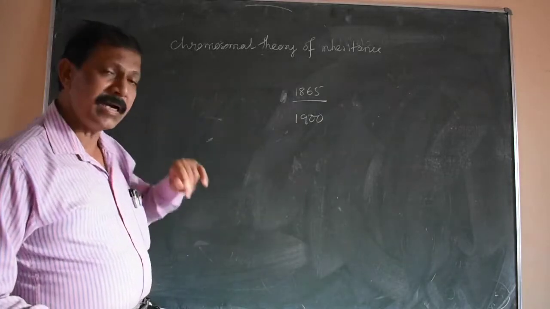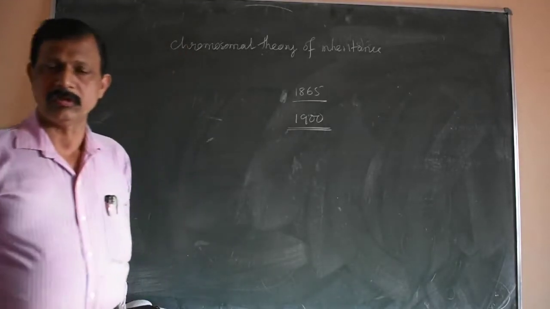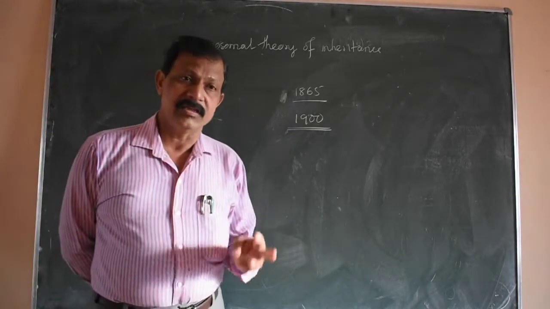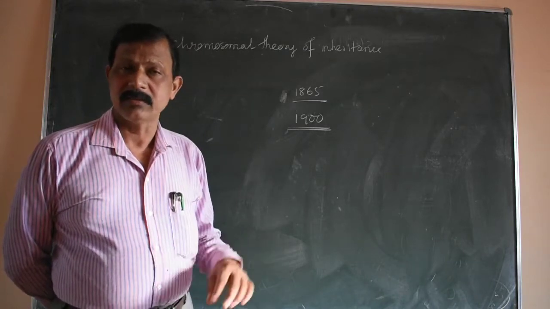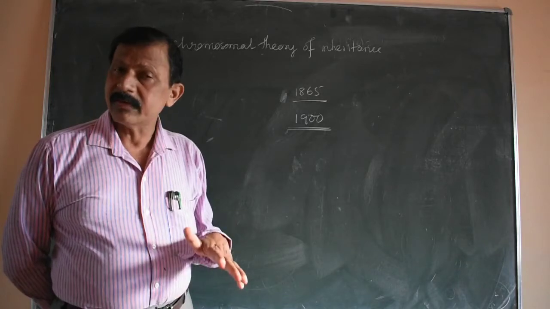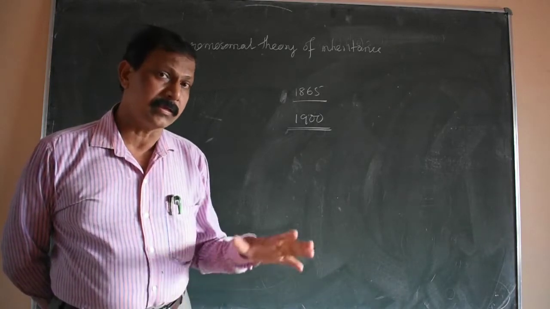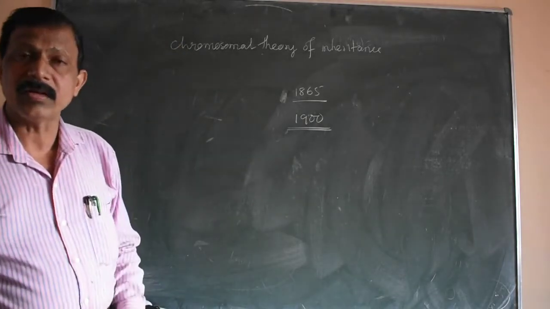But after 1900, in the beginning of the 20th century, scientists like Hugo De Vries, Karl Correns and Tschermak, these 20th century scientists, reattempted the Mendelian laws of inheritance.